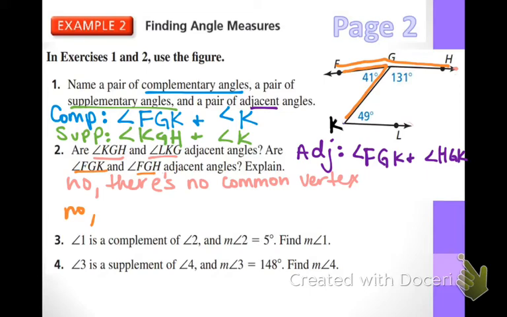So when I say they share a wall, remember that's always been sandwiched. So 41 and 131, they shared this wall between them. But these two don't have a wall in between them. So this would be a no. No, the shared side isn't between them. However you wanted to write that.